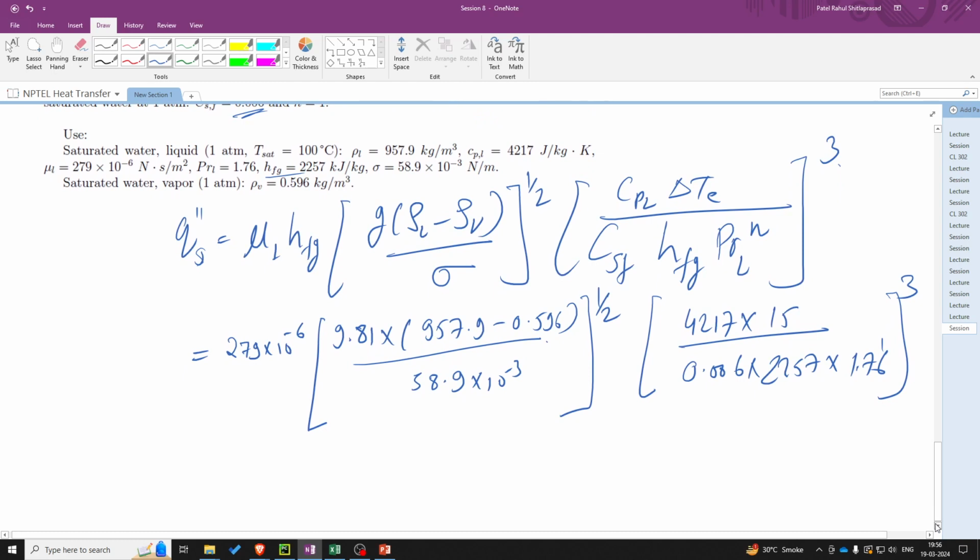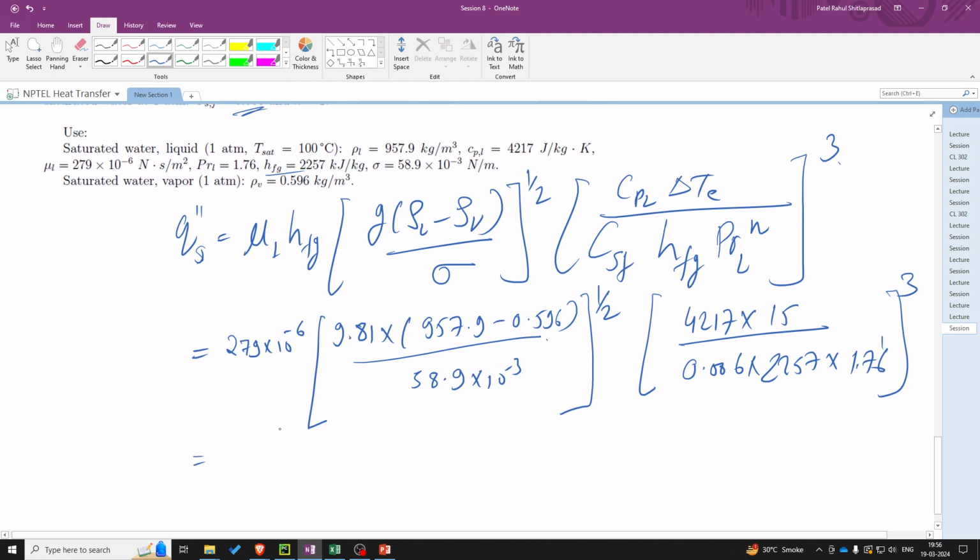So let's calculate this. 957.3 into 9.81 divided by 58.9 into 10 to the minus 3, and then we have this 4217 into 15 divided by 0.06.